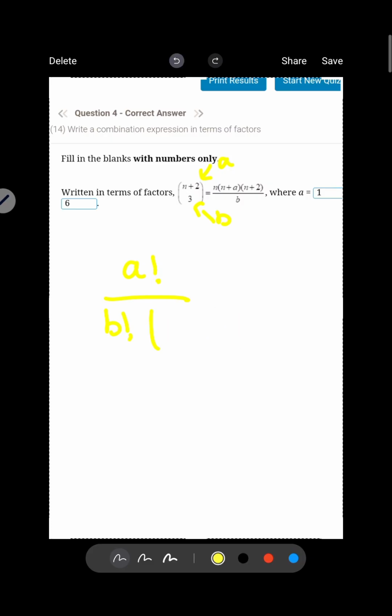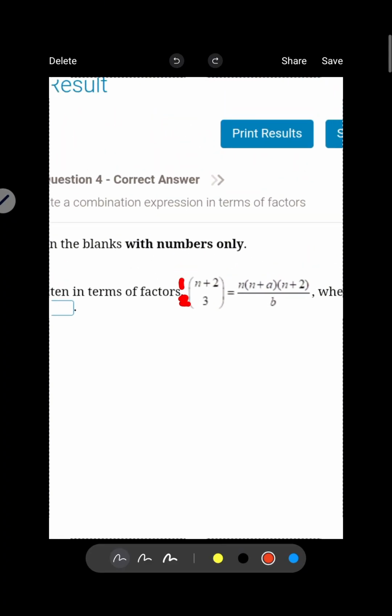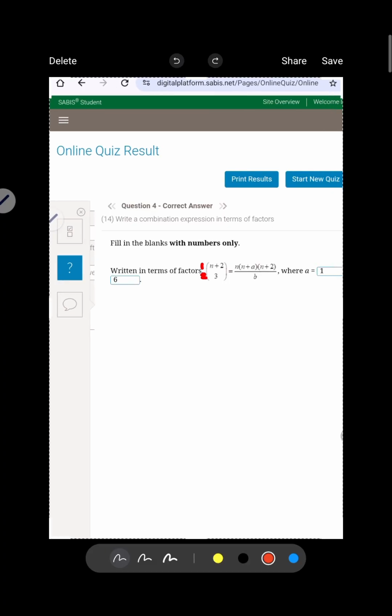I'm going to write it up. Or let's say first and second. This is the first one. This is the second one. So here I'm going to write it: the first number factorial over the second number factorial, and then (first minus second) factorial.